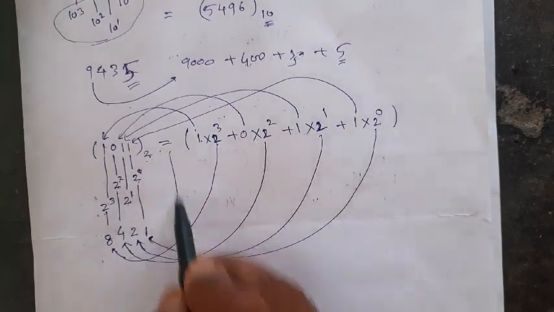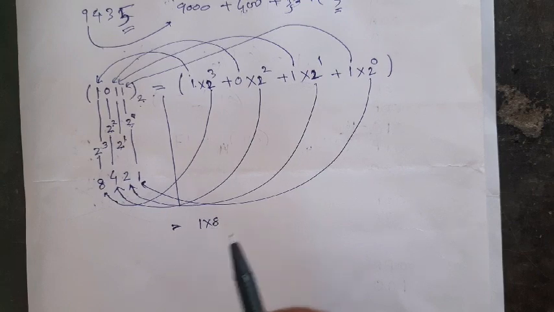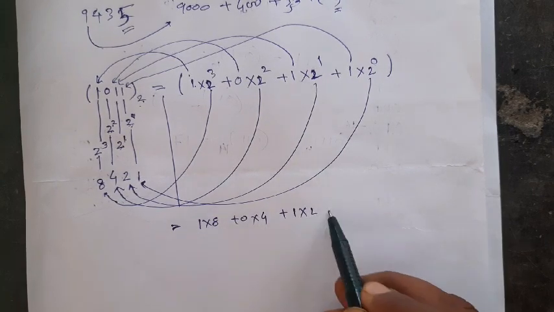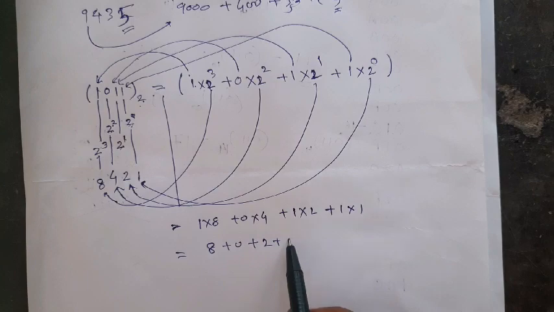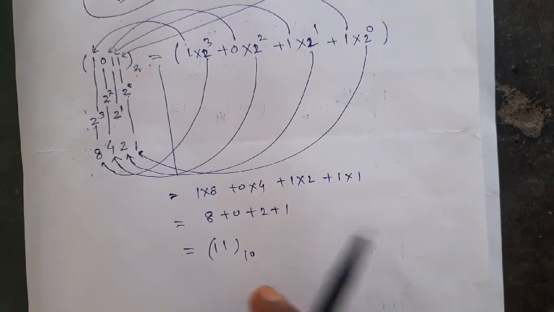Okay. Now if I continue, then I can write this is equal to 1 into 8 plus 0 into 4 plus 1 into 2 plus 1 into 1, and that is nothing but 8 plus 0 plus 2 plus 1, and you will observe that it is 11 in decimal number system. Now why is it in decimal number system?